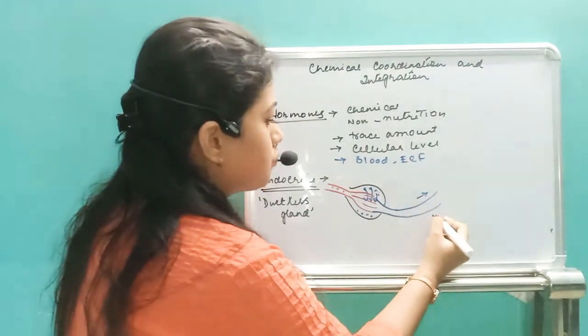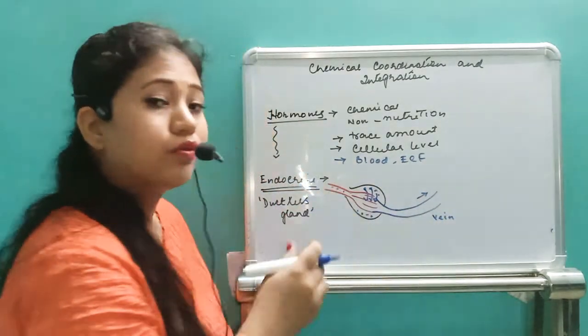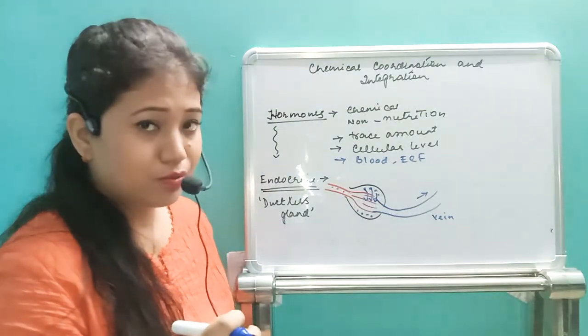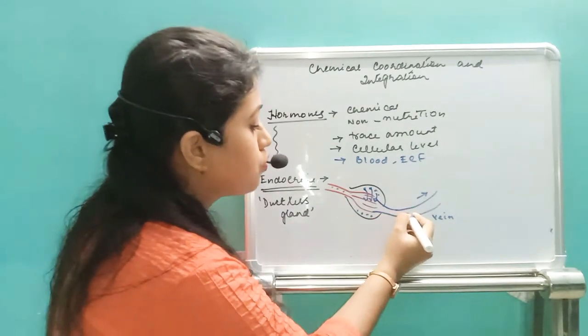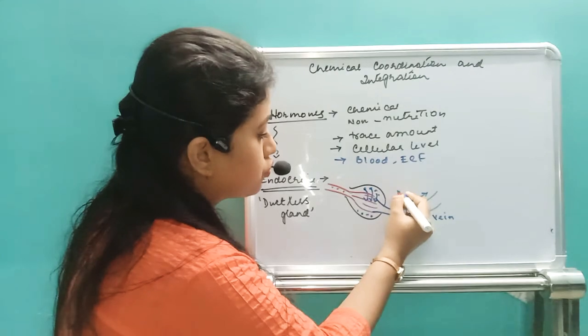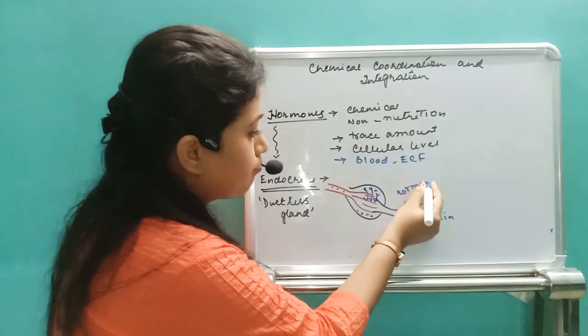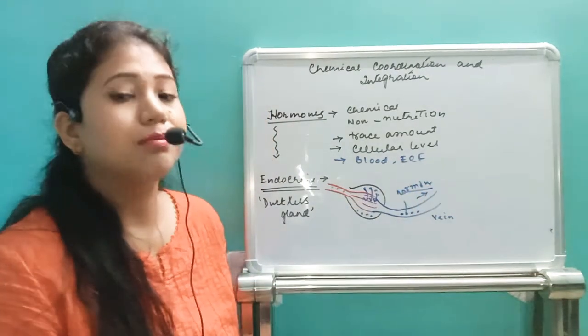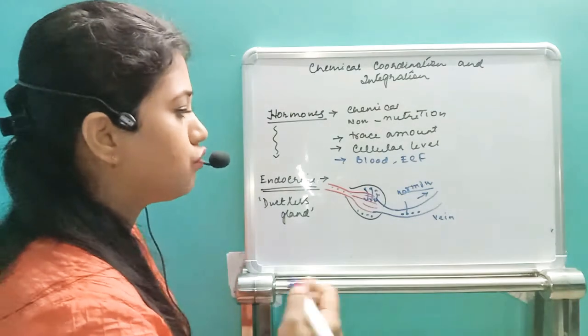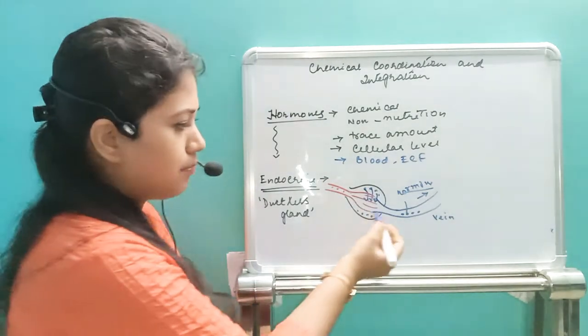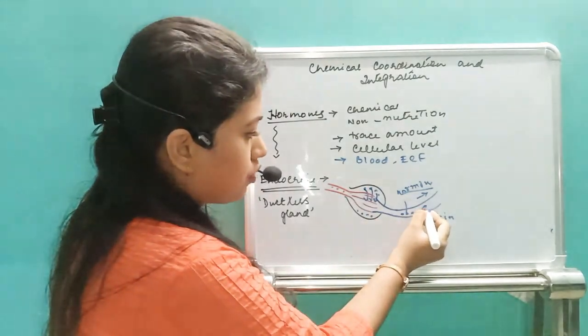This will be the vein. Along with this carbon dioxide and waste product, these veins will also carry the hormones. Remember, the hormones will be carried by the veins, and after that they will go to the different target organs. See, suppose these are different types of hormone.